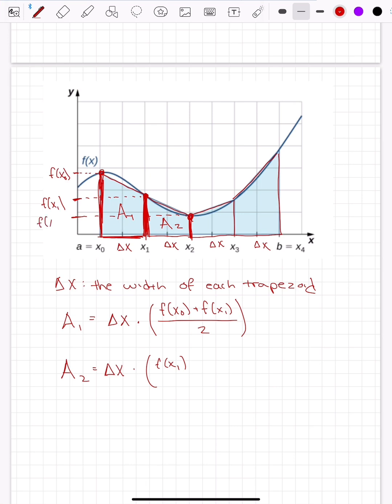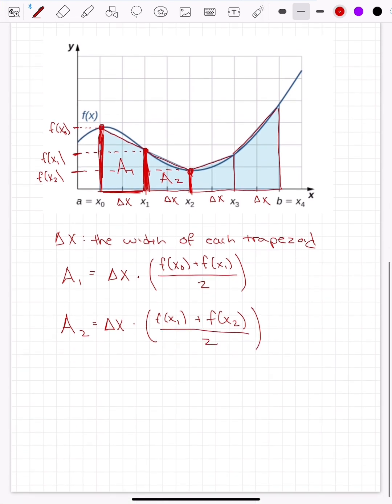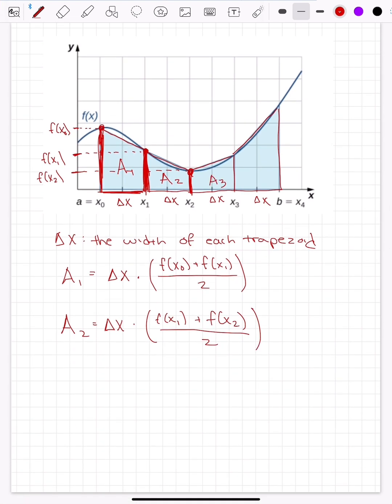So this is f of x2. And we continue doing this. If we call this A3, we see that A3 is change in x, and the two side lengths it uses are f of x2 and f of x3, all divided by 2.